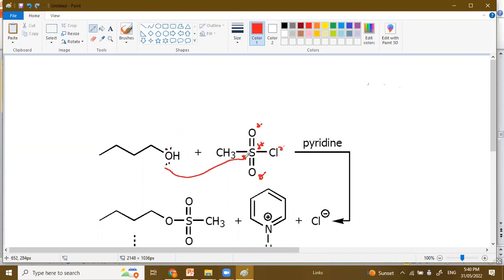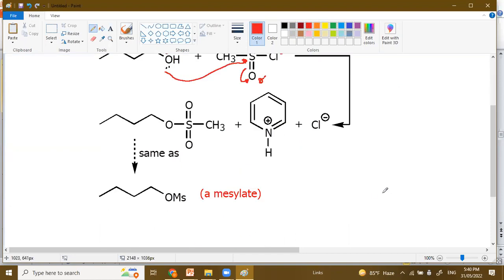sulfur. And when it attacks your sulfur, the electrons here will go over there. And your pyridine, this is the pyridine structure, has a lone pair. This is the one that will abstract.